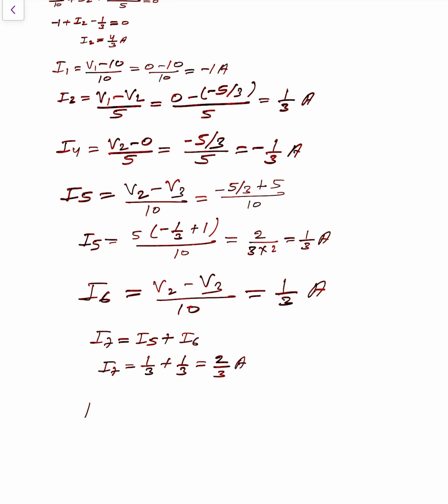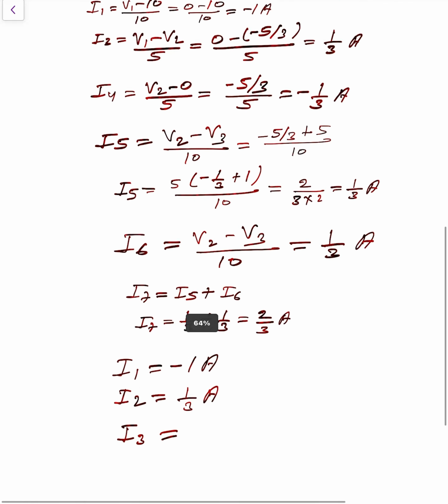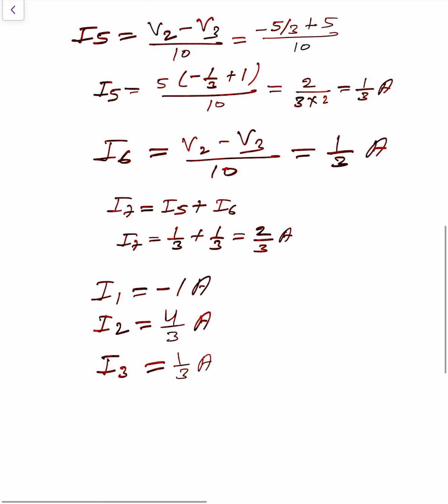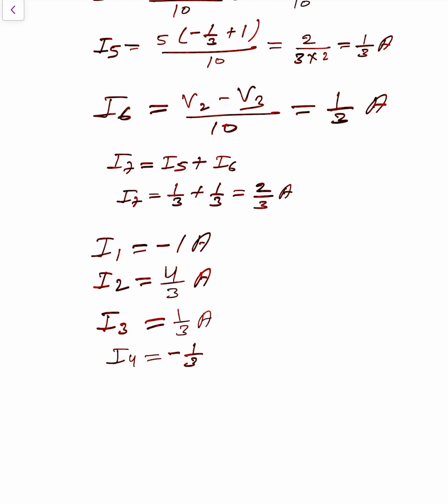So you can say that I1 is minus 1 ampere, I2 is 4 by 3 ampere, I3 is 1 by 3 ampere, I4 is minus 1 by 3 ampere.